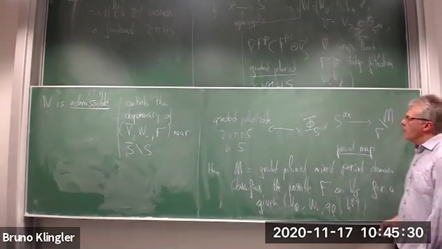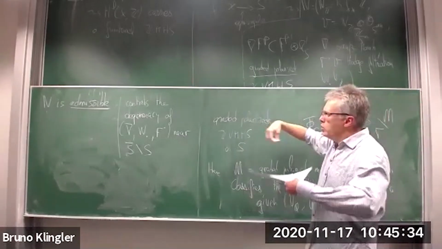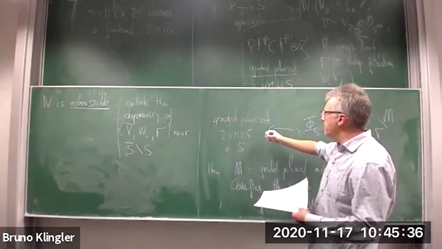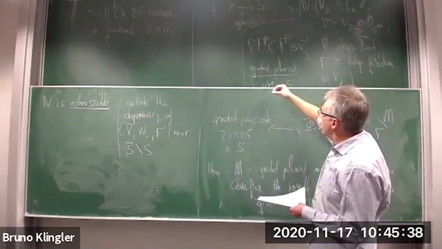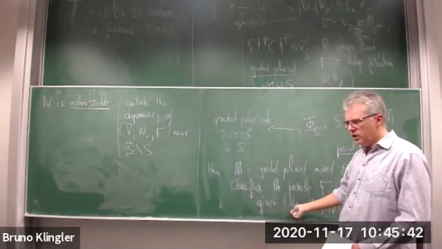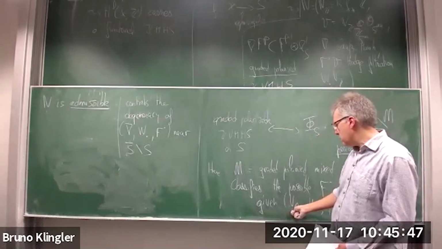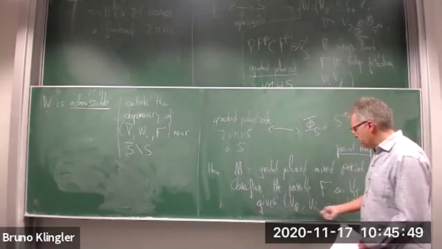So what happens is that, if you have your variation of mixed structure, when you lift it to the universal cover of S, then the local system is trivialized. This gives you this vector space. Your local system becomes just S tilde times V_Q, and all this is trivialized.